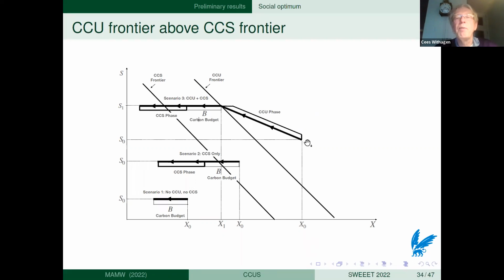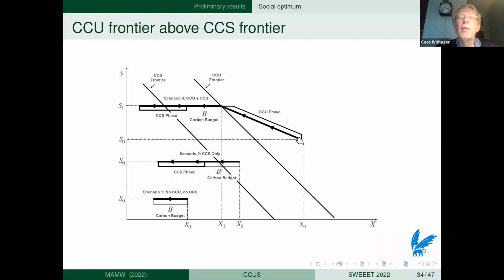So for example, if we start at this point, denoted by X0, S0, that means that S0 is large and also the initial stock is large. So it means that we are going to use CO2 to insert into the oil wells. We are a rich economy, so we're going to use it to reduce the cost of extraction of oil.